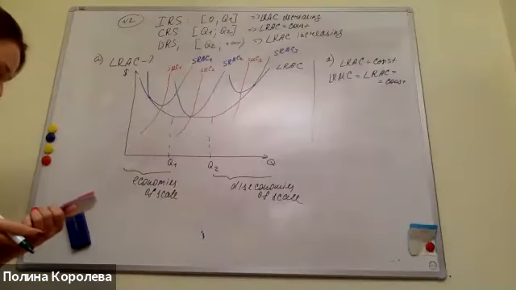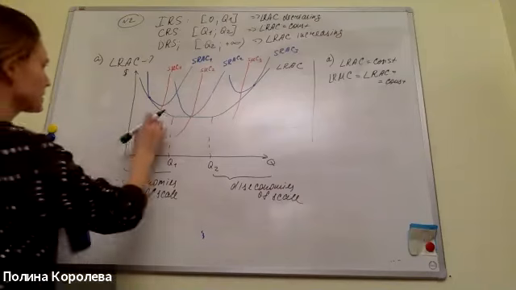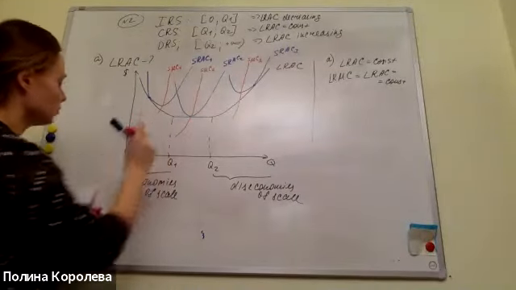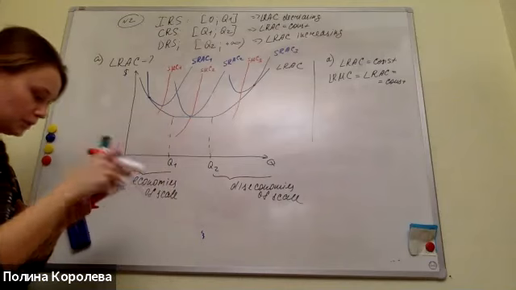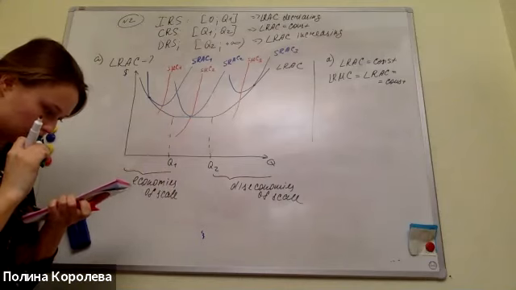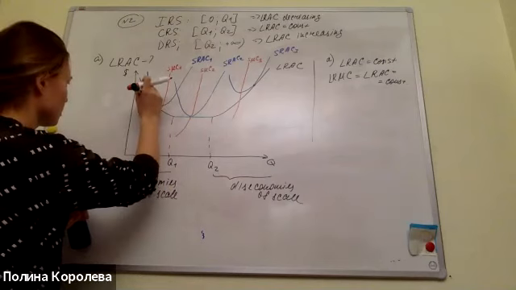Lower, yes. So they will be lower, and also they should intersect. I should draw carefully. They should intersect short-run marginal costs where we have this touch. Let's see. Costs. Yes, here.